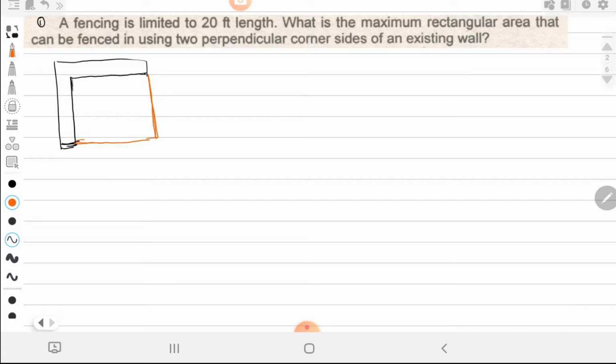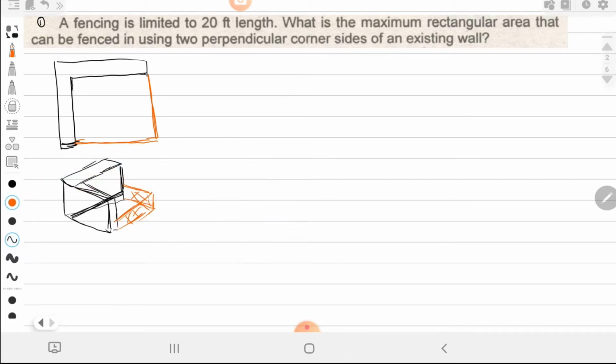If we take the 3D view of this, we will have something like this. Here is what we will fence. So that is what we will do. But take note, what we want to maximize is the area because this fencing material has a length of 20 feet.